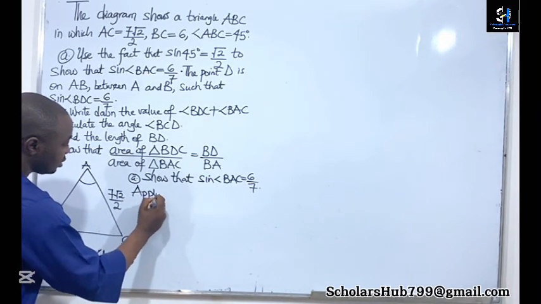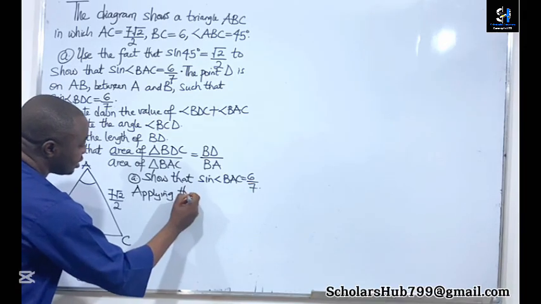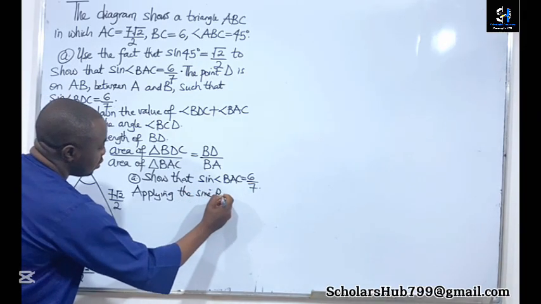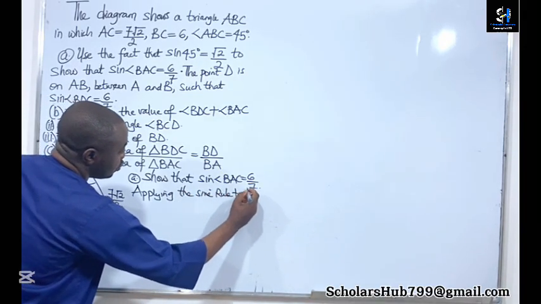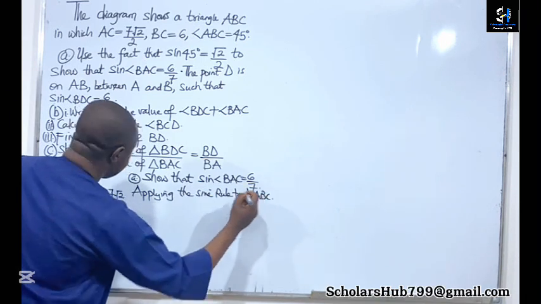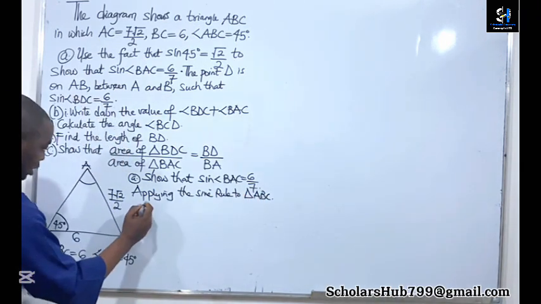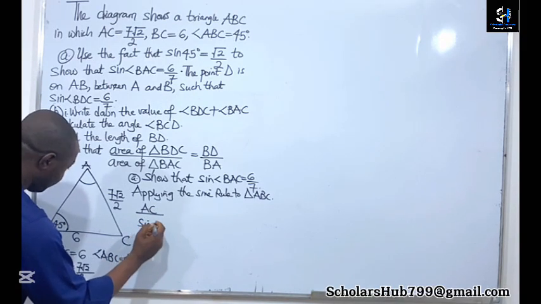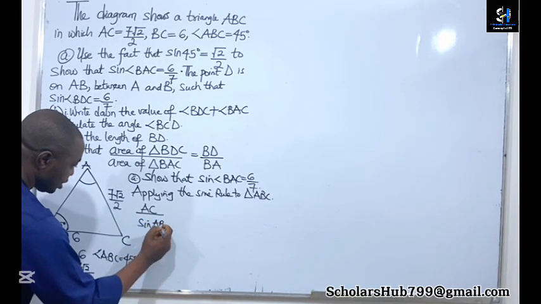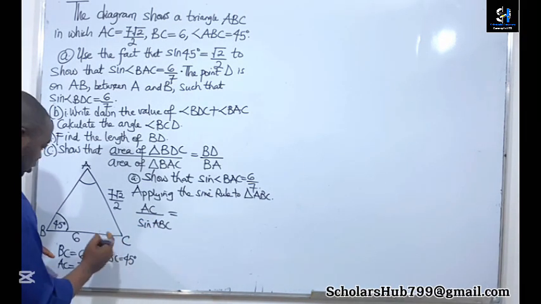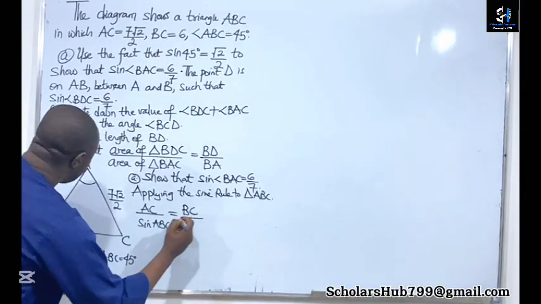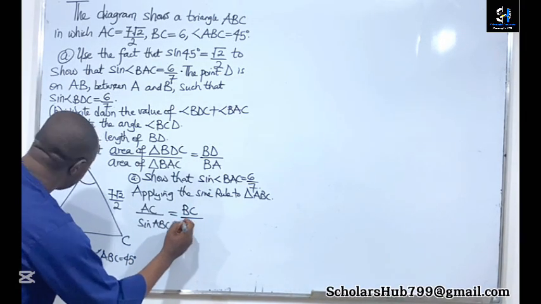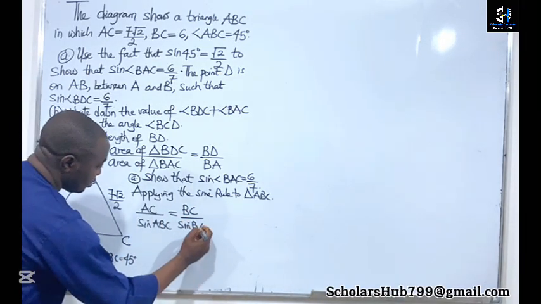So applying the sine rule to triangle ABC, we have side AC over sine of angle ABC equals side BC over sine of angle BAC.